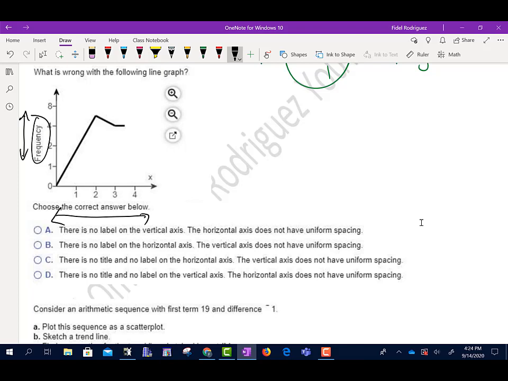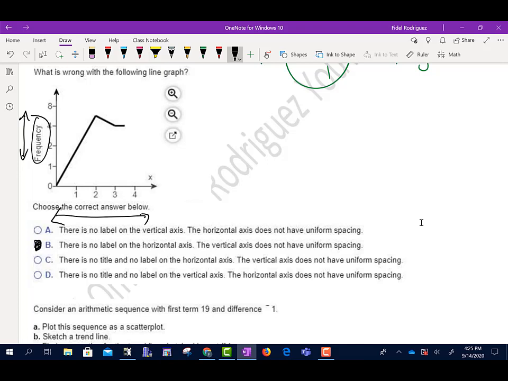Part B says there's no label on the horizontal axis, and the vertical axis does not have uniform spacing. So there is no label down here. That's correct. And does this have uniform spacing? No, it doesn't, because look, it goes from 1 to 2, jumps to 4, jumps to 8. So I would be going, okay, B seems to be a correct answer. All right.